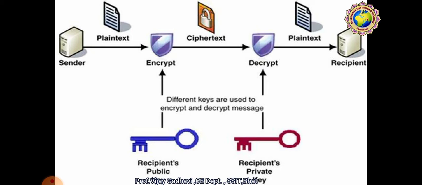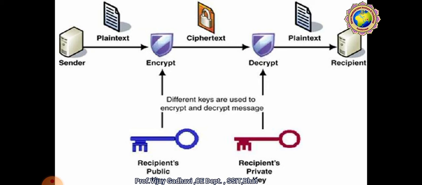Here you can see the scenario of the entire process with steps and connected entities. The security of RSA relies on the practical difficulty of factoring the product of two large prime numbers. Breaking RSA encryption is known as the RSA problem.